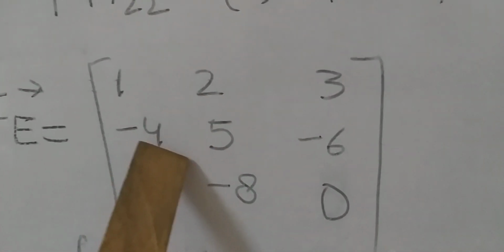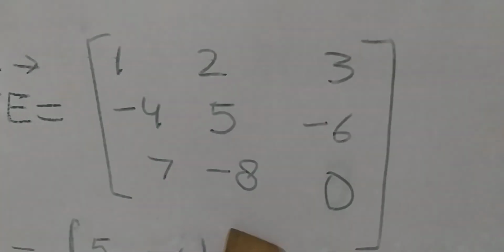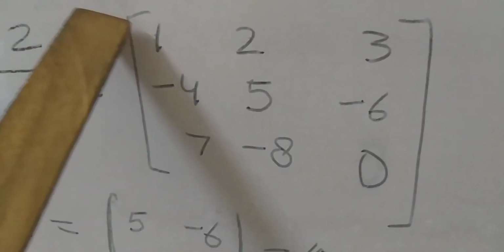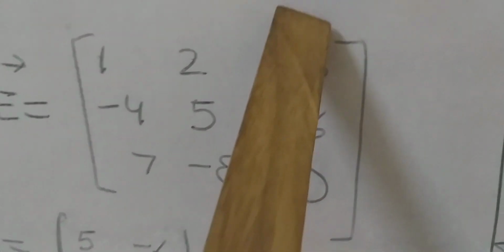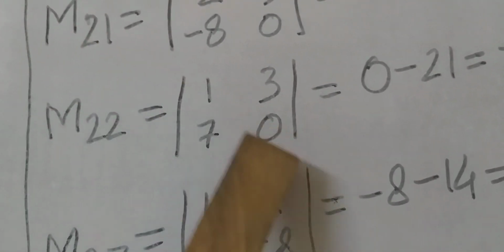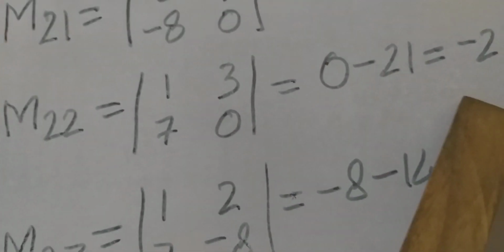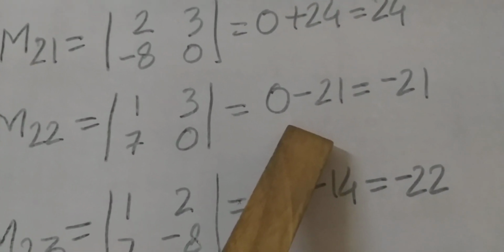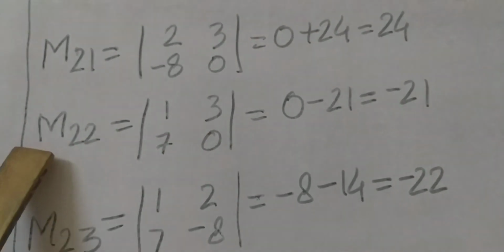Now A22, delete the row and column in which it lies. The left values are 1, 7, 3, 0. Its determinant, M22: 1 times 0 is 0, 7 times 3 is 21. We have to put a minus sign between them to find the determinant. So minus 21 is coming.